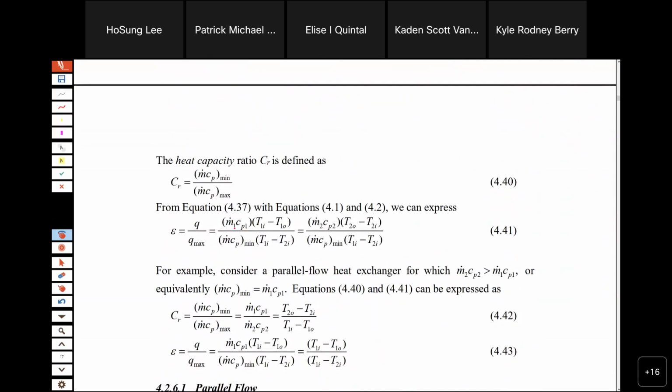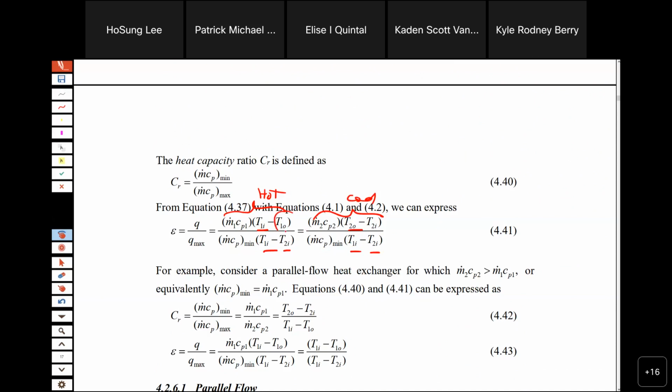Is this one the hot side or cold side? One is the hot side, yes. Two is the cold side. There are two. So this is known, and m dot inlet is known.